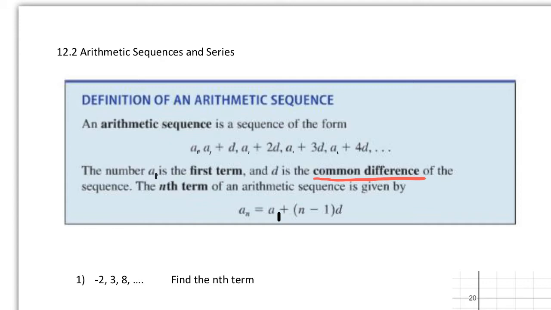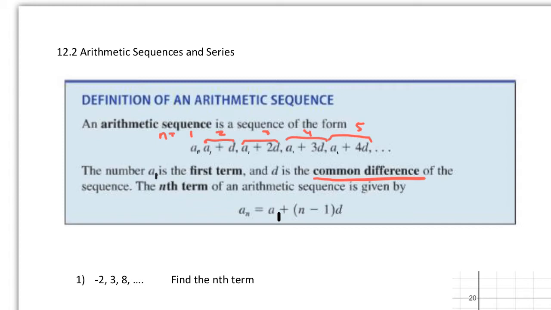And what you can notice here is that if I were to number these terms, and I know it's kind of hard to tell, we've got the first term, so n equals 1, n equals 2, n equals 3, n equals 4, n equals 5.